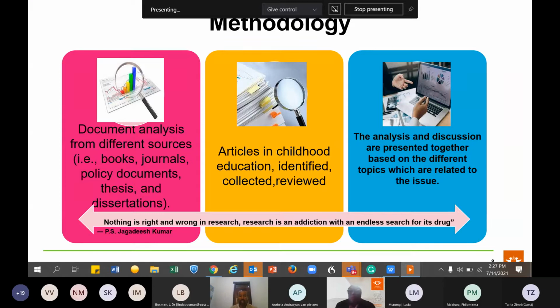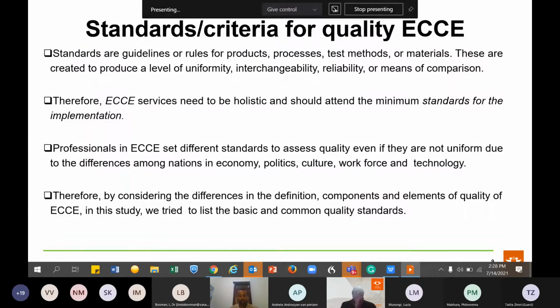Articles in relation to childhood education are identified, collected, and reviewed, and the data from different reviews were analyzed and interpreted using descriptive narrative analysis. The analysis and the discussion are presented together based on the different topics related to the issue. So this is the stage we have followed to conduct this review study.